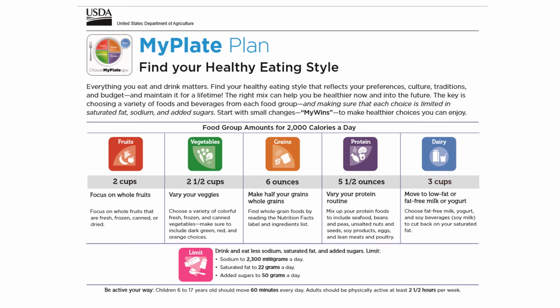2 cups a day of fruit, 2.5 cups a day of vegetables, 6 ounces of grains, which by weight would vary, but if you were going to translate that to a cup, that's actually just shy, that would be maybe 3/4 of a cup. 5.5 ounces of protein per day.